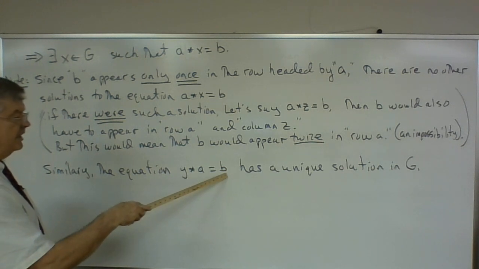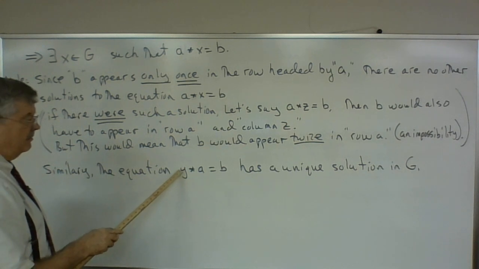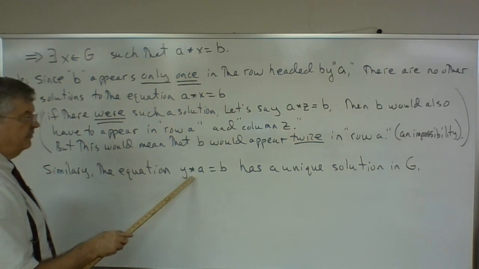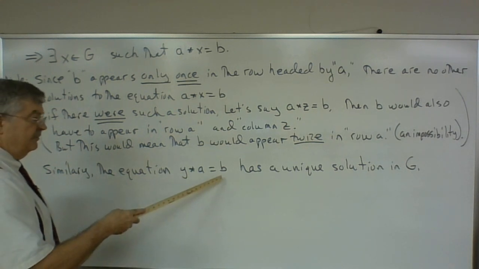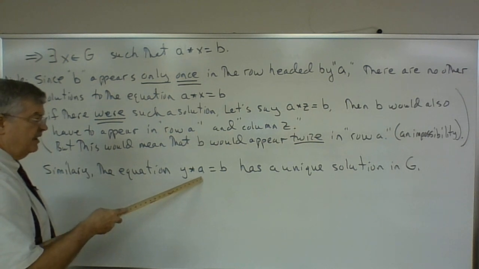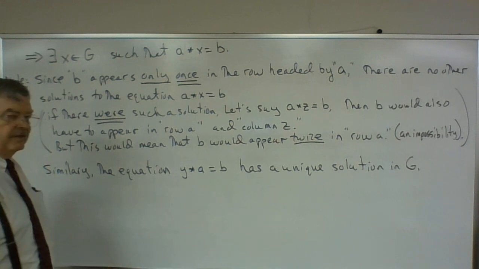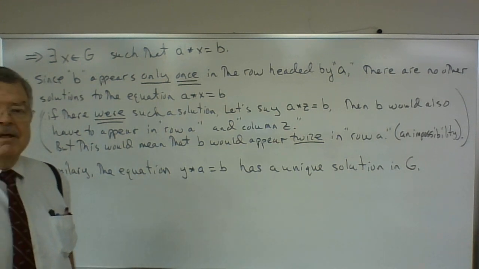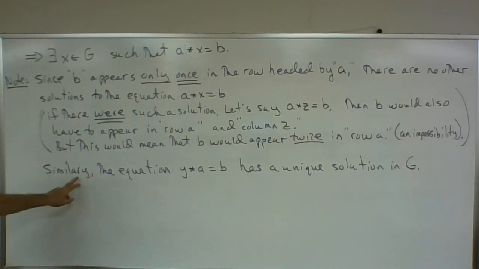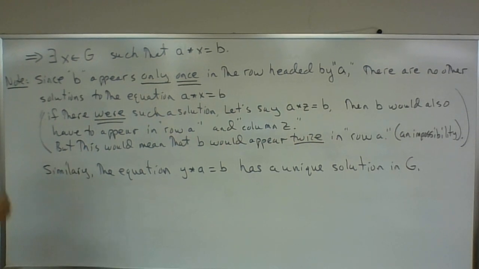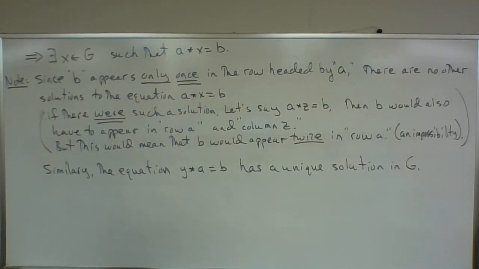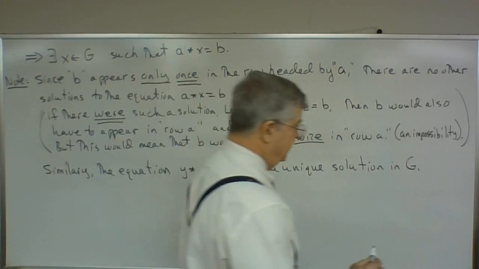And whatever row B appears in, the element Y that heads that row is the solution. And since B only appears in column A once, there can only be one solution to this equation. So that's why I can say similarly, the equation Y star A equals B has a unique solution in G.